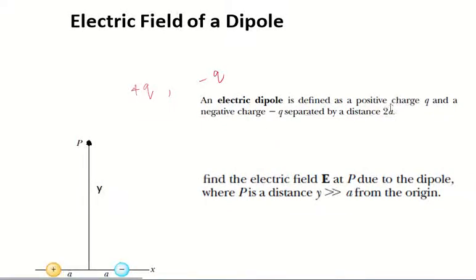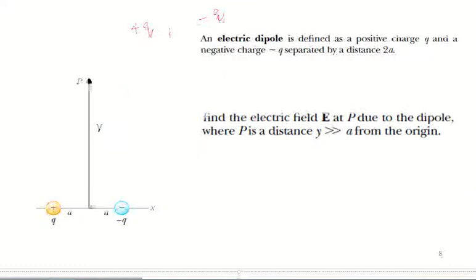So first we look at the situation as depicted in the diagram. We have two charges of equal magnitude but of opposite sign. We have a plus q charge given by the yellow sphere, and a point charge minus q given by the blue sphere, and they are separated by a distance 2a.